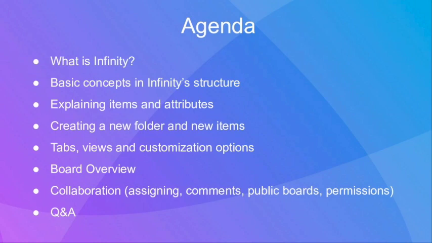After that, we will go through some tabs, views, and customization options. And later, we will go through the board overview, which will help you see the big picture, so see all of your data inside one board. And lastly, we're going to go over some collaboration options that you can try in Infinity if you're working in a team. And of course, in the end, we're going to go through some of your questions as well.